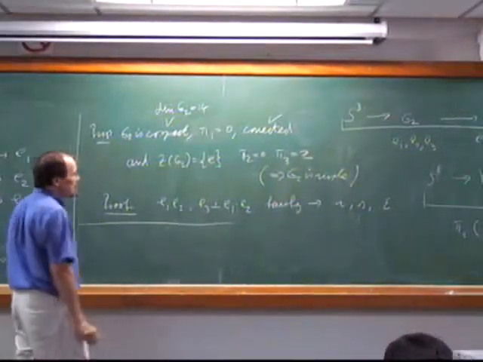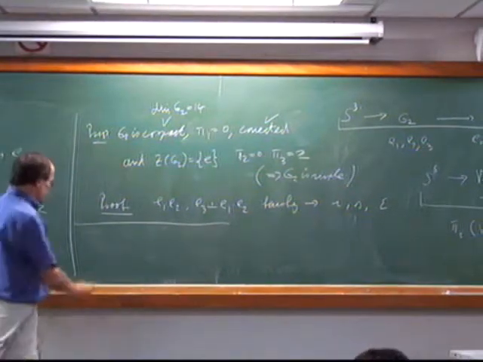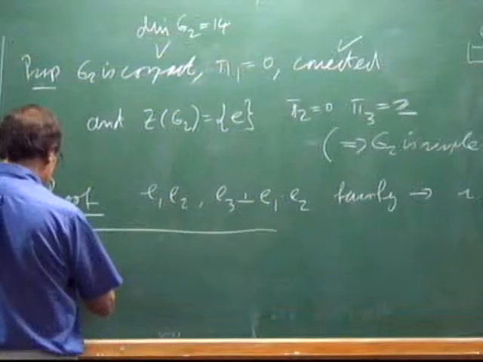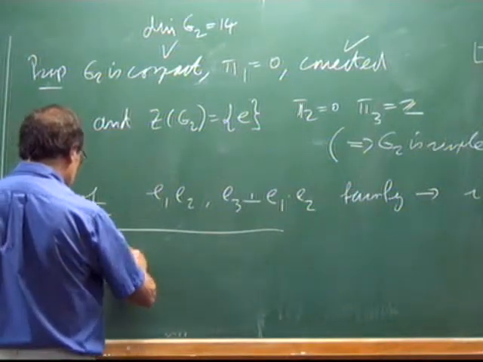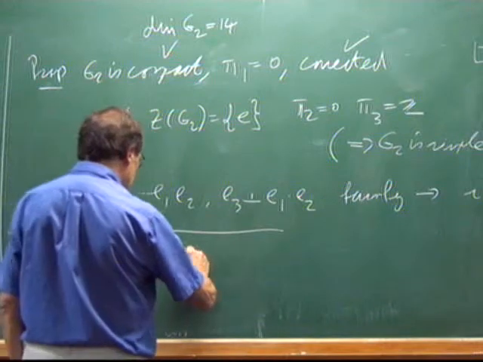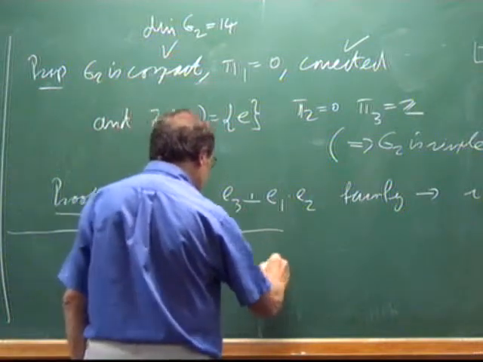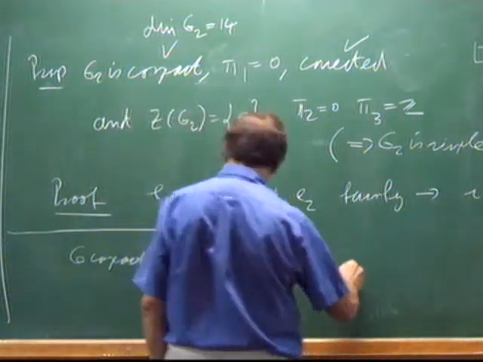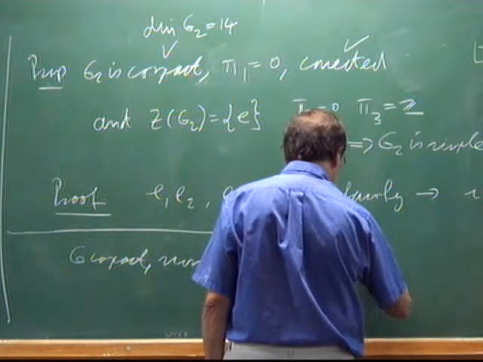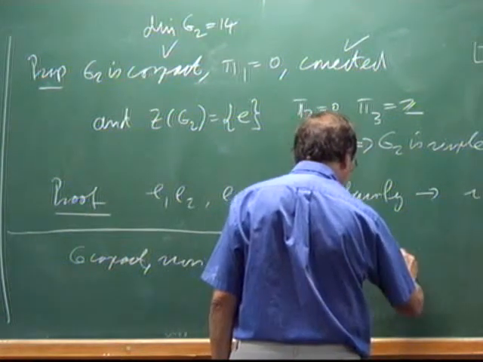There was a fact in one of the earlier exercises: if G is compact, non-abelian, this implies that H3 of G is non-zero.